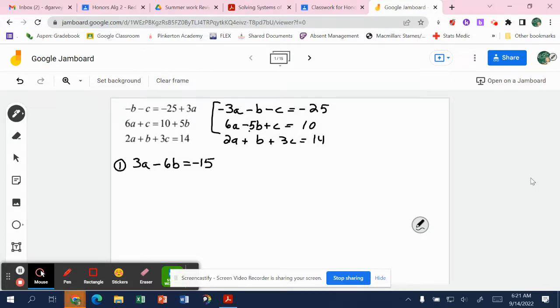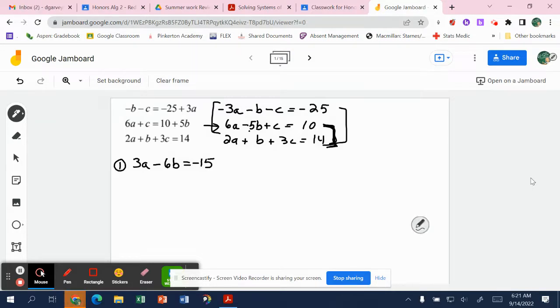Now I'm going to look at these 2 equations, or I could have looked at the first and the third. It doesn't really matter. I just have to look at 2 different equations, and I want to eliminate c. So I'm going to take these 2 right here, and I'm going to multiply this one here by negative 3, because that'll get rid of my c's.